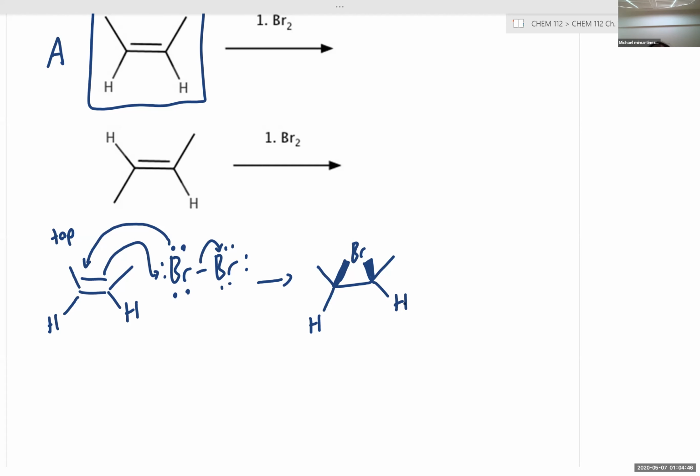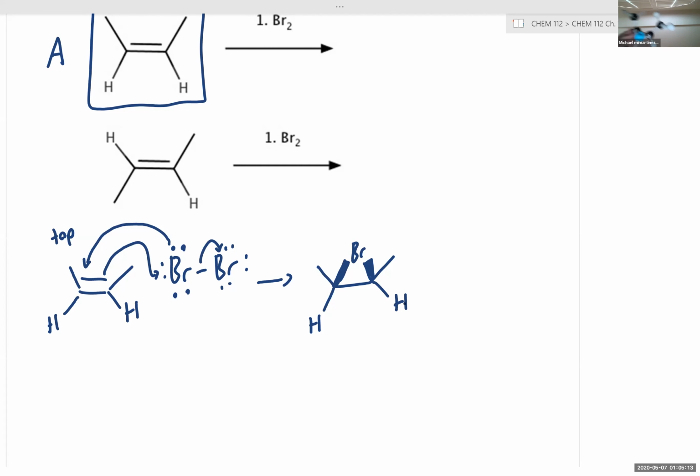Just as a refresher once again, here is our alkene. The bromine is going to attack from one of the faces. It's completely arbitrary what face it attacks from in this case. After the attack, notice how our methyl groups are still cis.